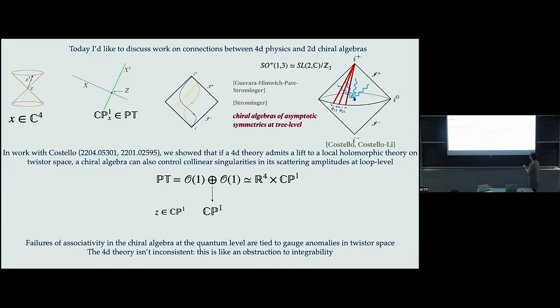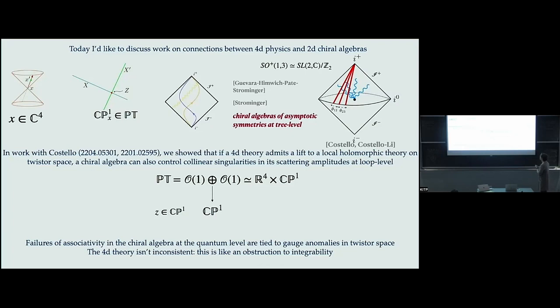You should think of this CP1, this base of the twistor fibration, really as the celestial sphere at asymptotic null infinity. So twistor space, very loosely speaking, is a way to nicely geometrize massless or null physics by encoding aspects of the celestial sphere directly into the twistor space geometry. As a real manifold, it's like R4 cross CP1.